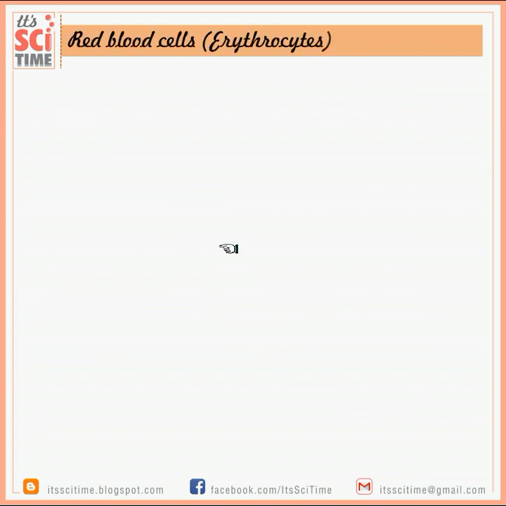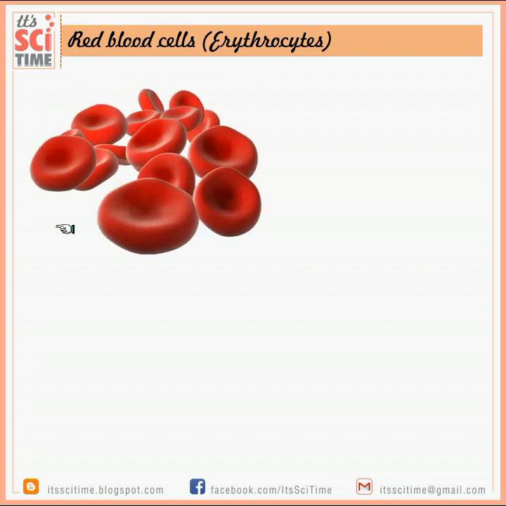The first corpuscle type that we are talking about is the red blood cells. They are also known as erythrocytes in science. And erythrocytes look like this. They seem like fat discs and their middle is thin. Edges are thick. So we call their shape biconcave.